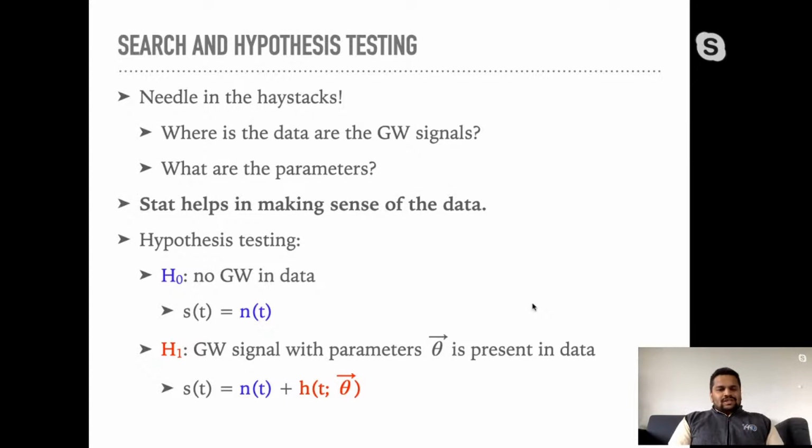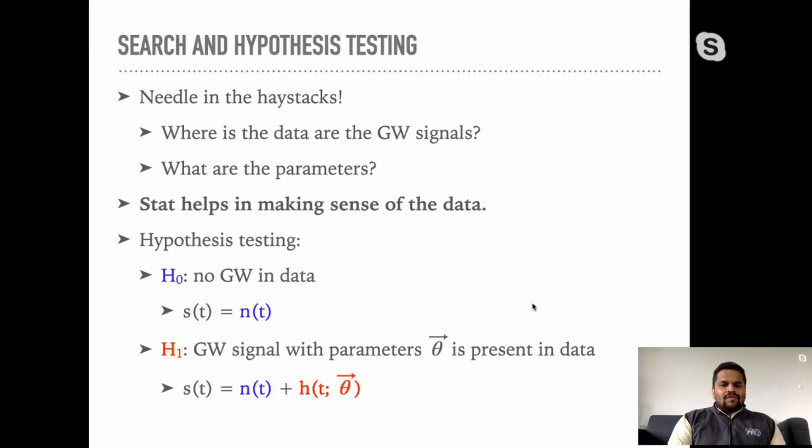And the alternative, or H1, hypothesis is that there is some gravitational wave signal happening at a particular time t with a particular parameter vector theta. This theta includes all the 15 parameters which I mentioned a couple of slides ago for this particular event, and that particular signal is present in the data.